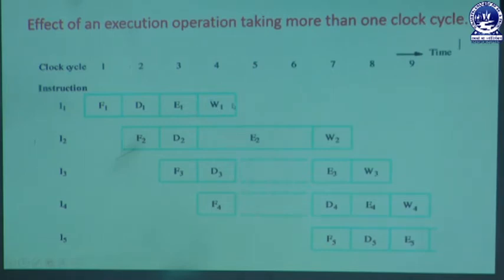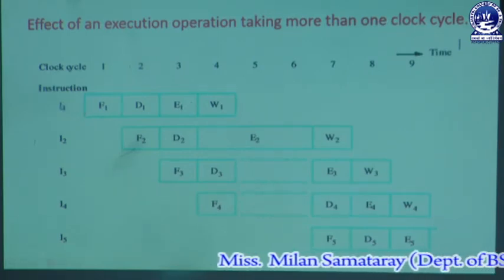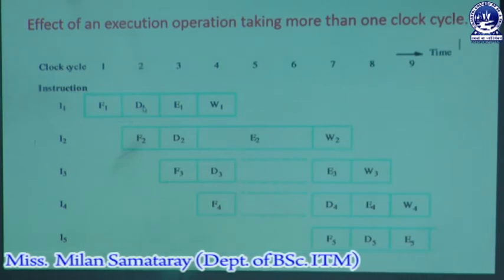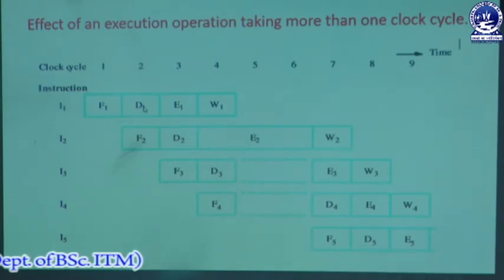So every stage takes one clock cycle, and when instruction I1 is in the decode stage, the fetching unit is free, so it can now fetch the instruction I2. These operations are independent of each other, and they also need only one clock cycle.